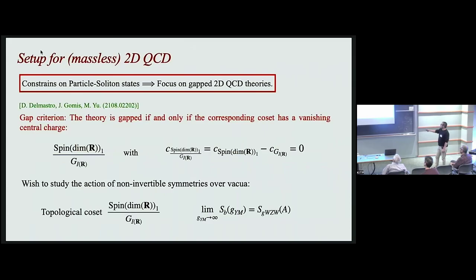So we wish to study the action of non-invertible symmetries over vacuum, and for that we're going to use the infrared topological coset, which is essentially an algebraic version of the gauged WZW model that I showed before. Okay, so how are we going to use the fact that there's a topological coset?